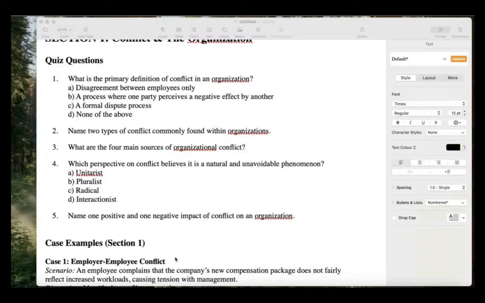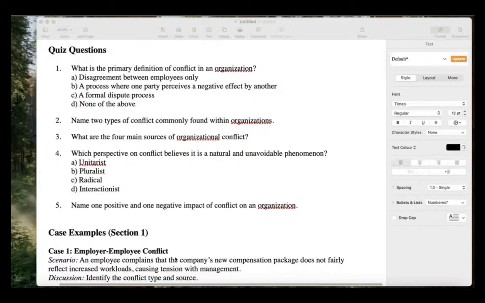We will identify the conflict type, what type of conflict it is, then we will identify the source. I'll give you a minute to understand this, and then we will discuss. So what do you think is the conflict type and the source of this?